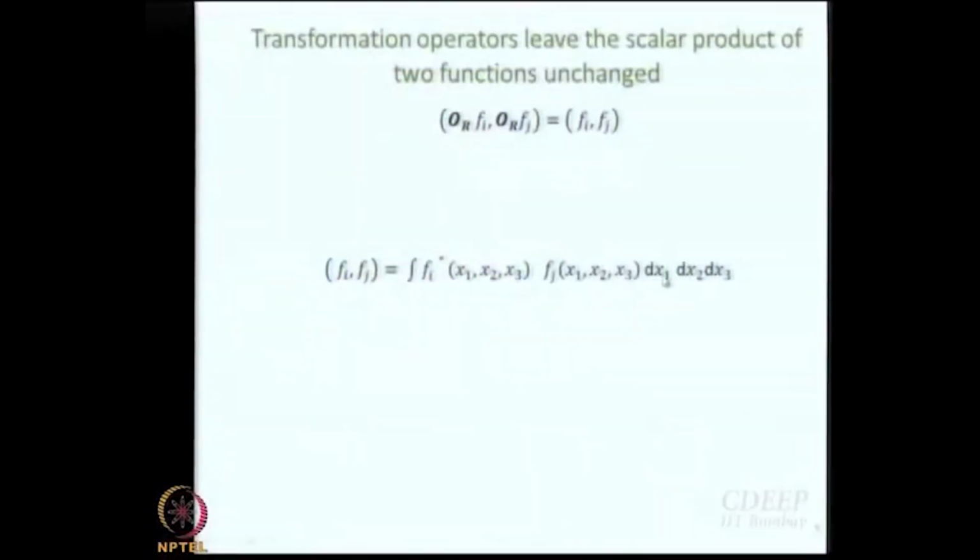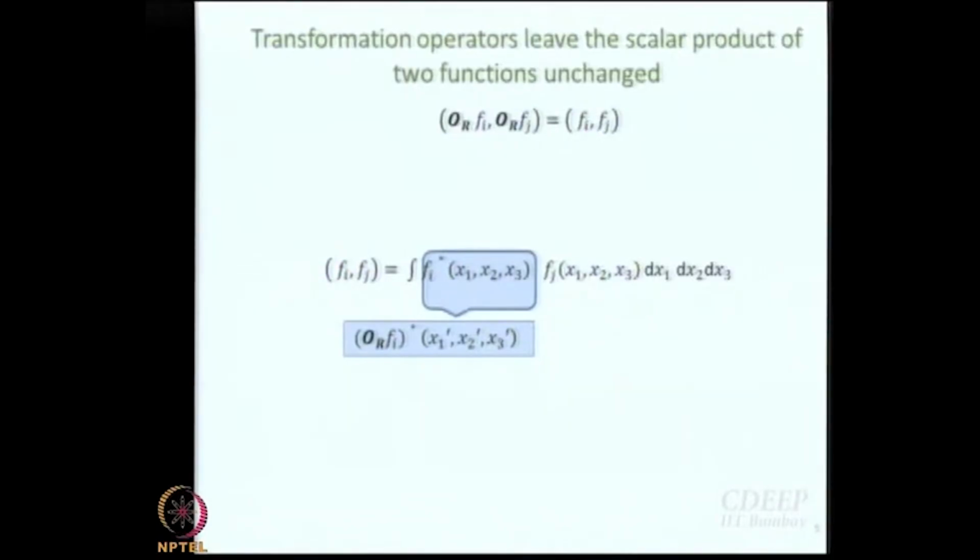Do we remember that this is the scalar product of Fi and Fj? So, what I am now saying is that the scalar product of ORFi and ORFj is the same as the scalar product of Fi and Fj. Understand? Let us prove that. You agree with this?